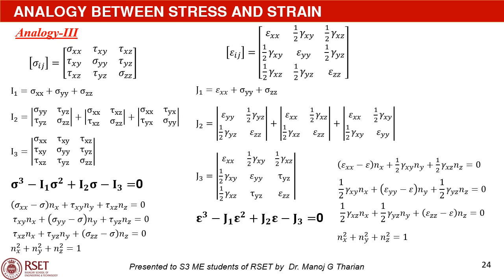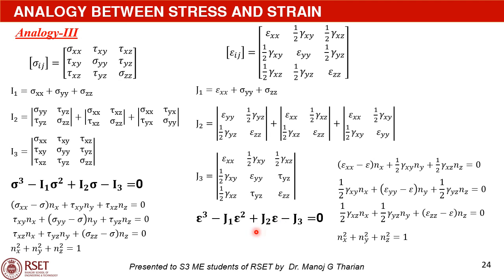Analogous to this, if we are given the strain tensor at a point P, we can find out the strain invariants, namely J1, J2 and J3, using these equations. Substitute the values of J1, J2 and J3 in the characteristic equation for principal strain, namely epsilon cube minus J1 epsilon square plus J2 epsilon minus J3 equal to 0.